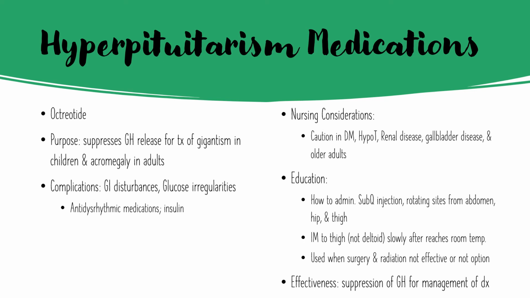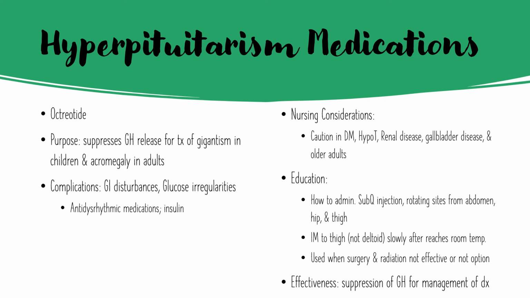It can go either way in this case. So we do need to be monitoring them very closely. So caution, like I say here, for the considerations in clients with diabetes mellitus, hypothyroidism, renal disease, gallbladder disease, and older adults.